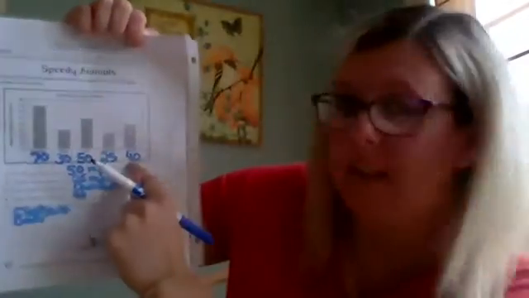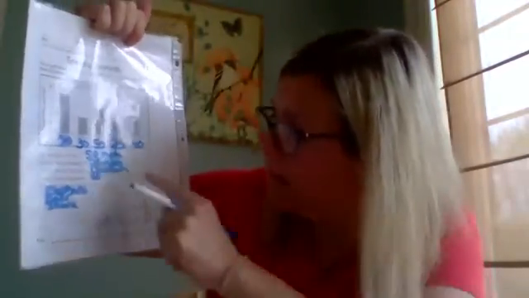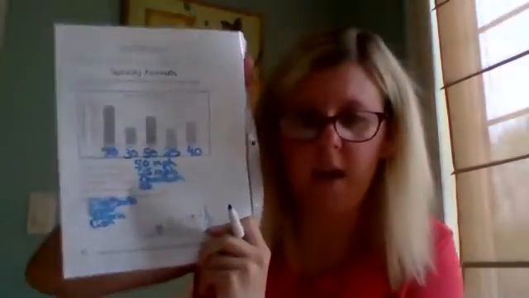The next one, zebra, is 40. The next one is lion. And then the fastest one is the cheetah. See? So again, we're wanting words, not numbers.